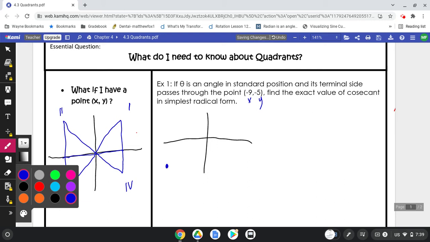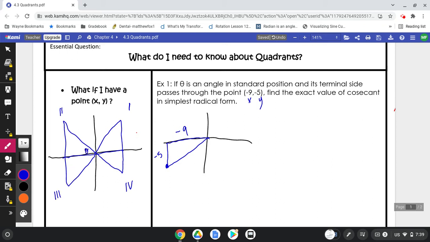Okay, now that point, we need to draw in this triangle. The x direction was -9. The y direction was -5, down 5. Now, at this point, we don't know what this side is. Keep in mind, I forgot to show this on our bow tie.